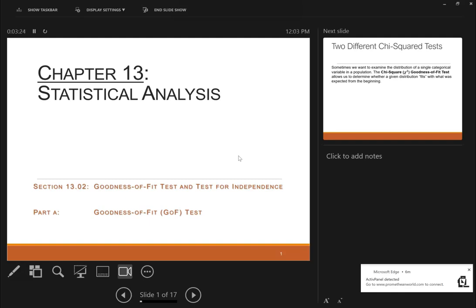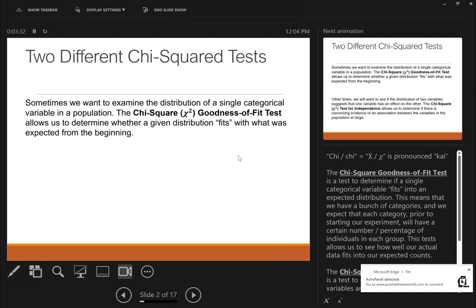So today, goodness of fit tests. That's what we're talking about. The idea here for a goodness of fit test is sometimes you want to test to see how well one set of categorical variables matches up to a known standard. Let's say that you have your student grade level and your performance on some sort of standardized test.